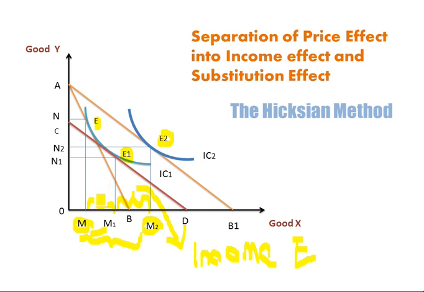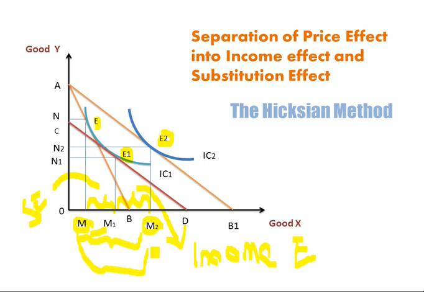And the movement from M to M1 is known as substitution effect. So this price effect, that is the movement from OM to OM2, is split into income effect and substitution effect.